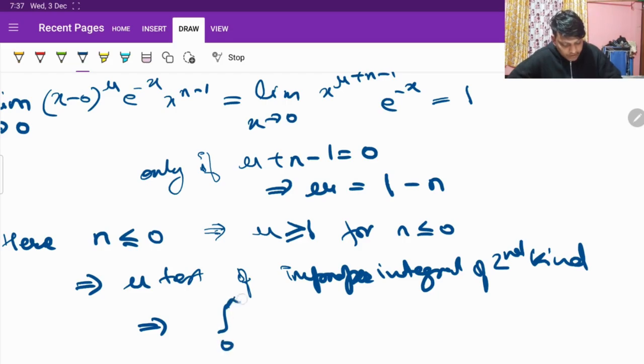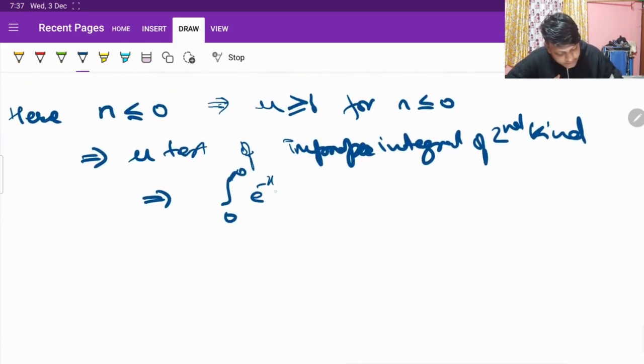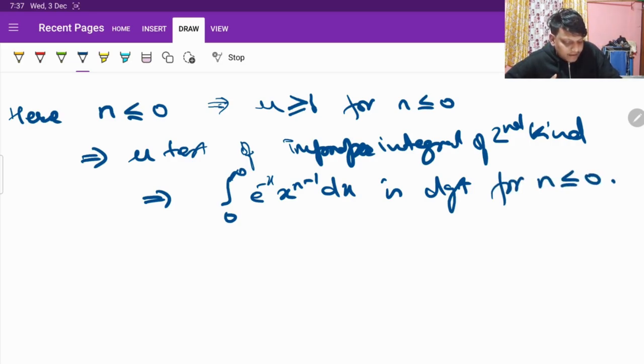Okay, so the integral from 0 to infinity of e to the power minus x, x to the power n minus 1 dx is divergent for n less than or equal to 0.